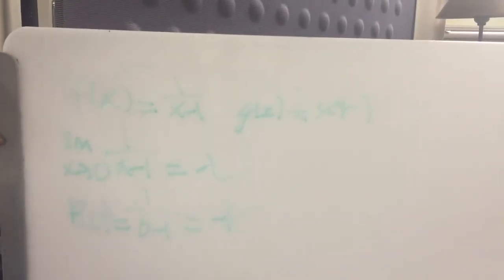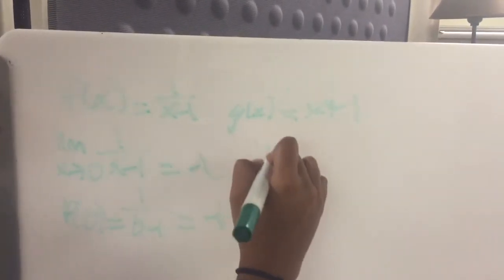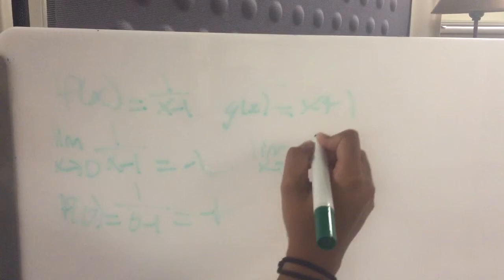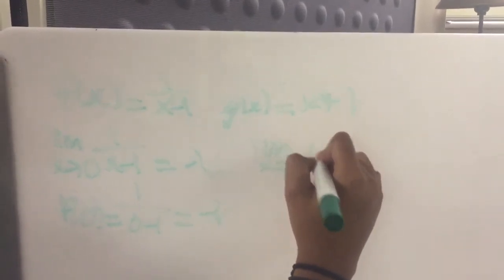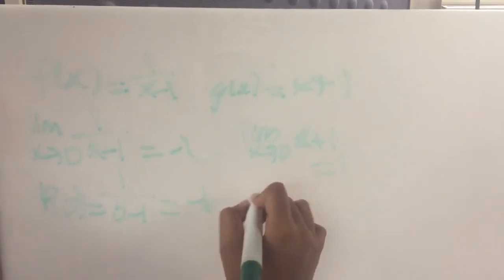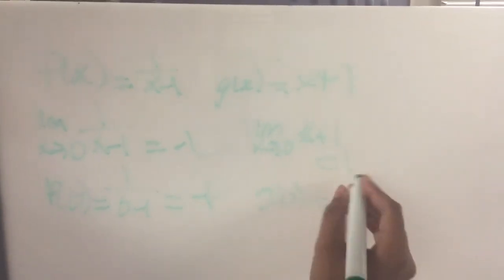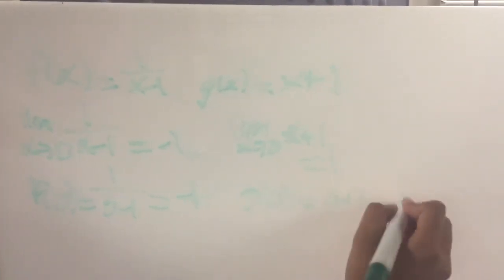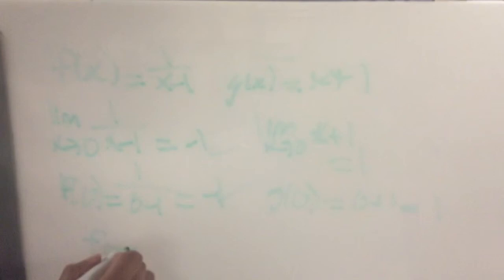And f of 0, 1 over 0 minus 1, would again equal negative 1. This is continuous. The limit as x approaches 0 of x plus 1 would equal 1, and then g of 0 would equal 0 plus 1, which equals 1. It is continuous. Now let's check f of g of x, which is the composite function.